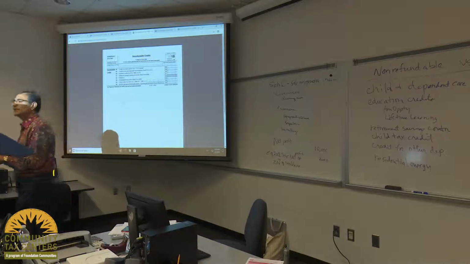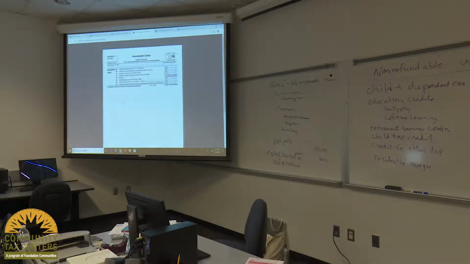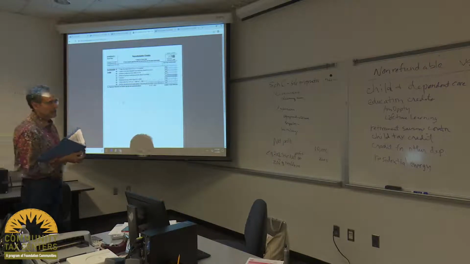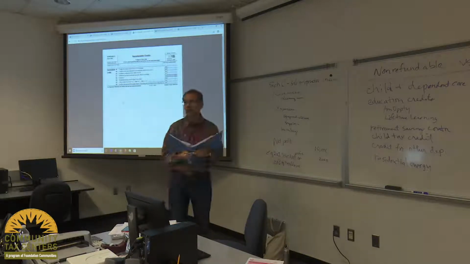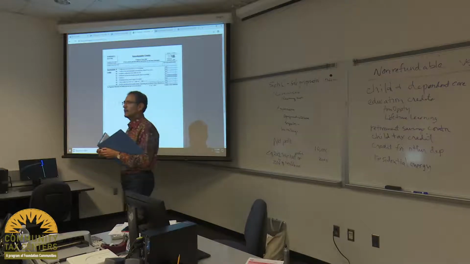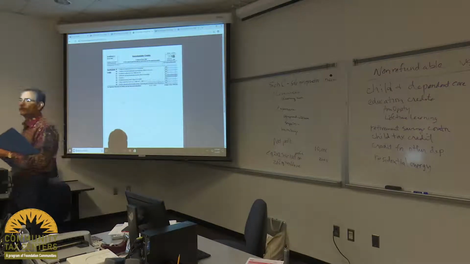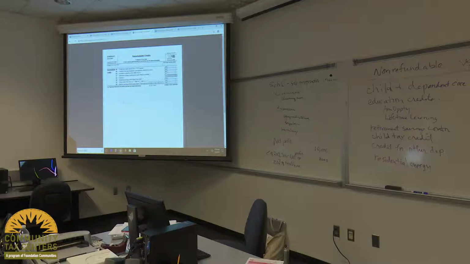So the unique thing about this one is that if the child was 12 or under for 6 months, let's say, you can actually take 50% of the eligible expenses. Whereas typically it's what the age is at the end of the year which dictates whether or not you get any qualified expenses. In this scenario, you can actually prorate it depending on how many months of the year. If the child turned 13 in any given year, you can still take a percentage of those expenses depending on when they turn.